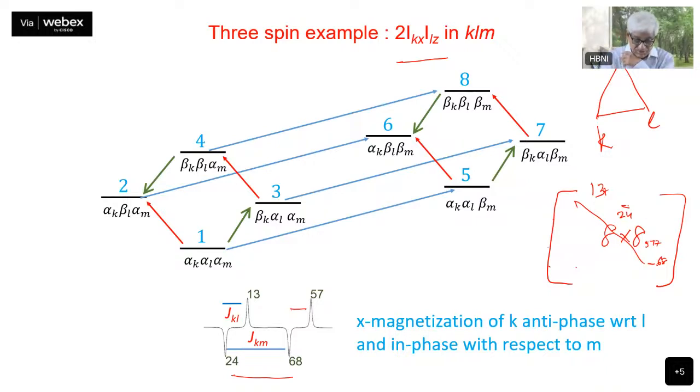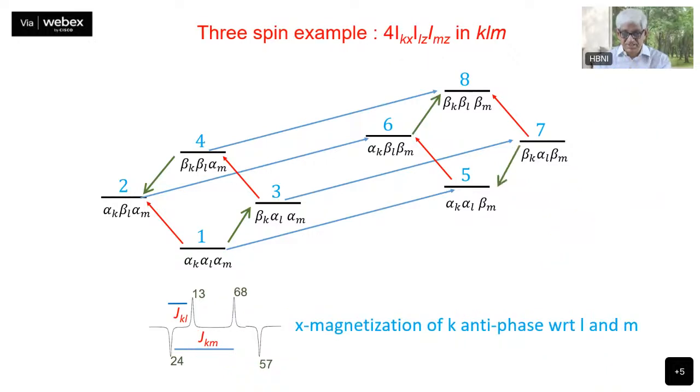The coupling constants can be represented in this manner. Therefore, we call this X magnetization of K, antiphase with respect to L, and in phase with respect to M. In phase with M because 2, 4, 6, 8 have the same sign, 1, 3, 5, 7 has the same sign. So that splitting is in phase.